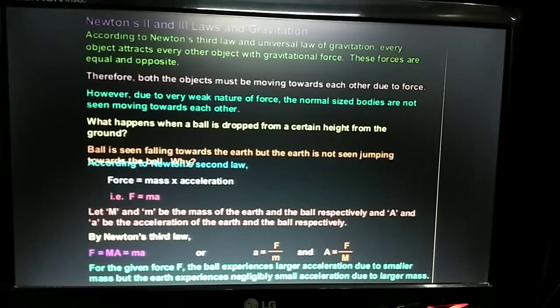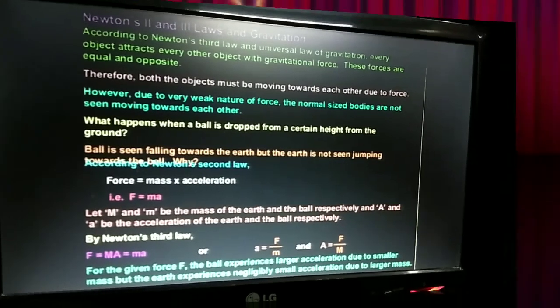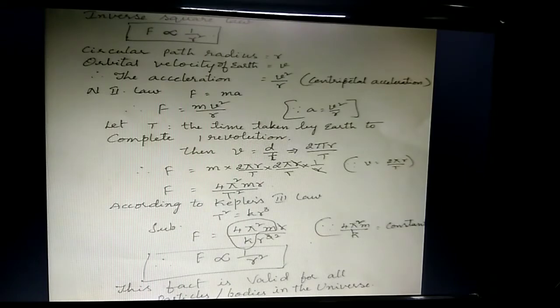For the given force F, the ball experiences larger acceleration due to smaller mass, but the earth experiences negligibly small acceleration due to larger mass. According to Kepler's third law of planetary motion, that is law of periods, T² ∝ R³, or T² = KR³, where K is constant of proportionality.